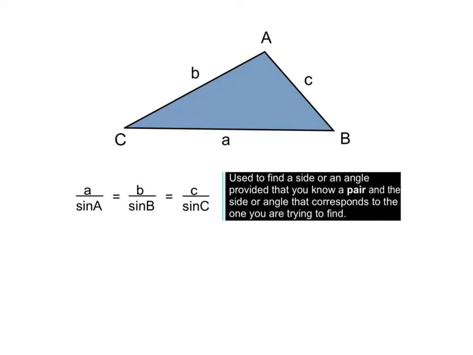So what this allows us to do is find a side or an angle, provided we know a pair and the side or angle that corresponds to the one we're trying to find.